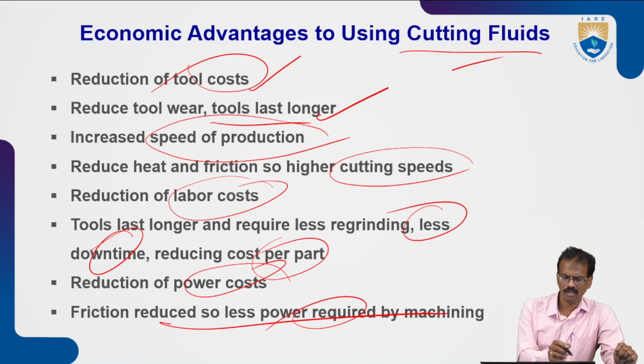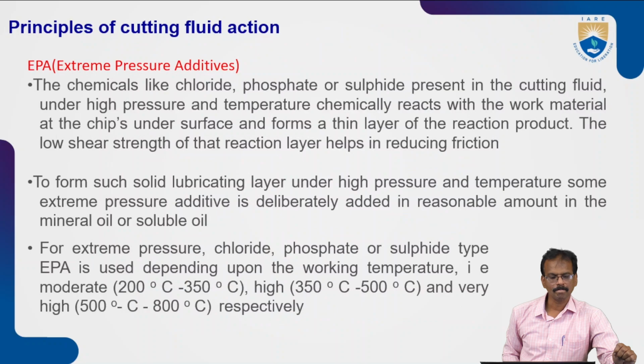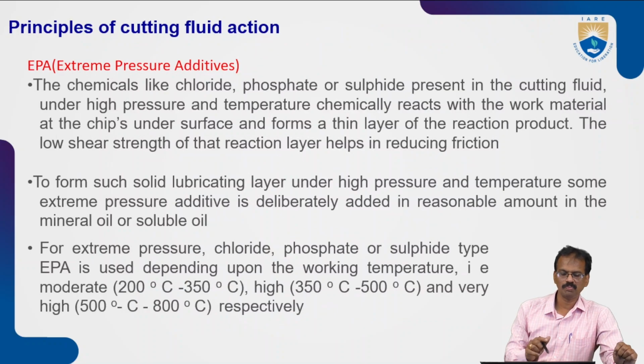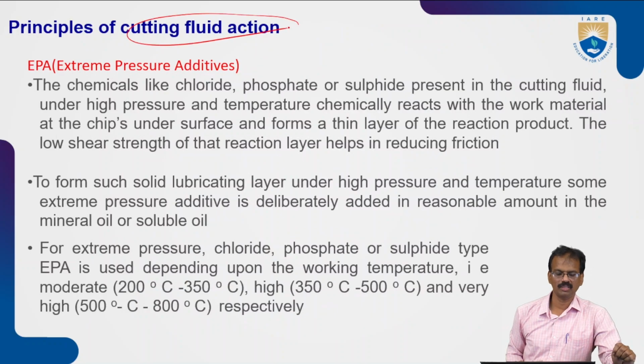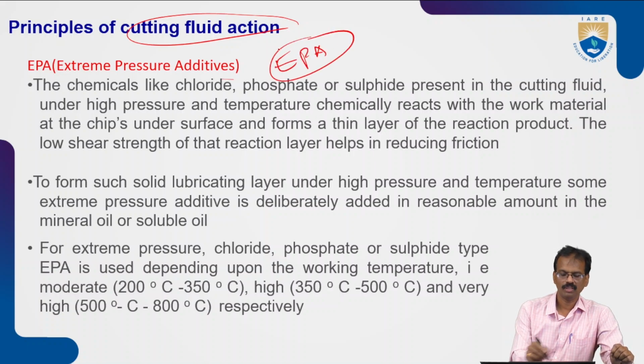These are the most economical advantages of the cutting fluids, you can see. Next, these are the principles of cutting fluids. Already discussed this one: mostly extreme pressure additives, EP additives.